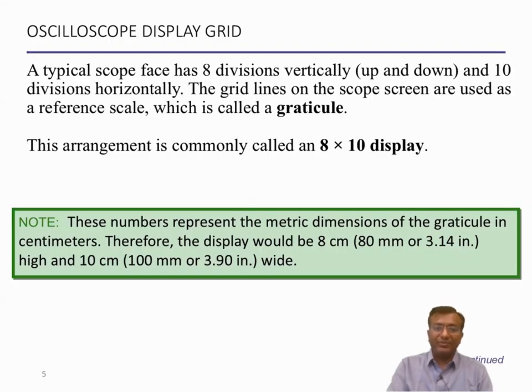Coming to the next important point, the oscilloscope display grid. Most oscilloscope screens are divided into 8 by 10 grids, and they are called the reticle. Voltage is displayed vertically and time horizontally.